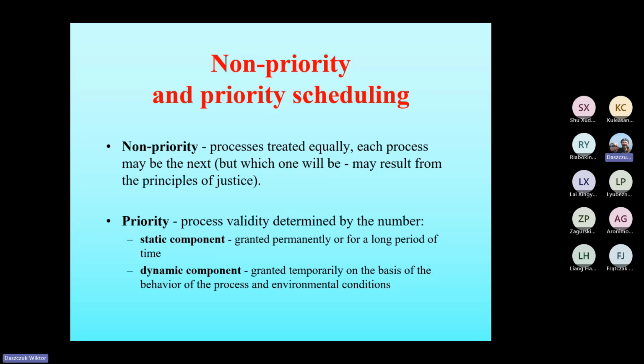And allocating a resource to a process, operating system looks at this number and compares those numbers. Who has higher number or lower? It depends on the system. In some system, higher number is greater priority. In some system, lower number is higher priority. It looks at priority and allocates according to priorities.